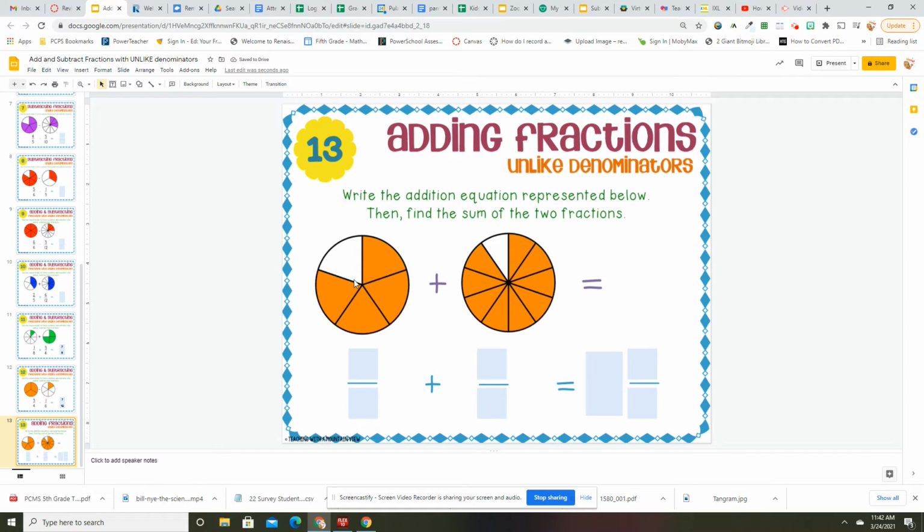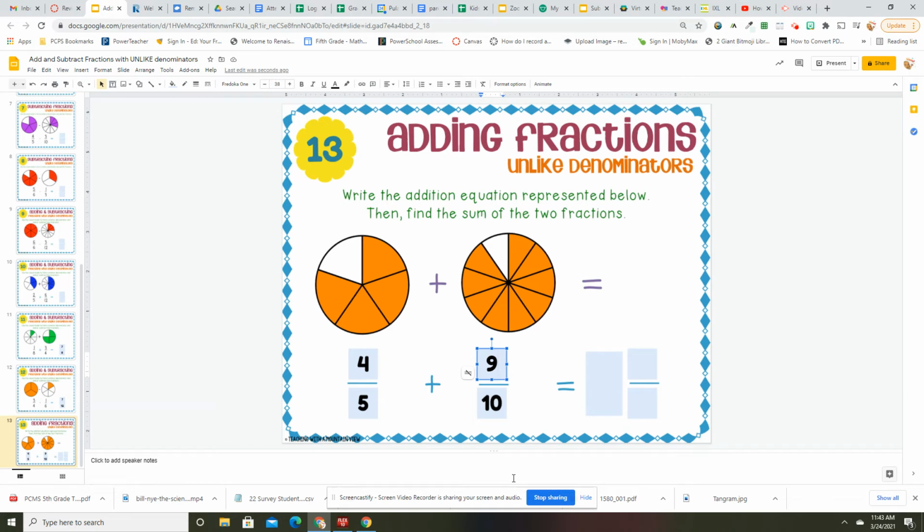Now, this one's a little different. I'm going to count up and create the fraction. So I've got 1, 2, 3, 4, 5. And then I've got 1, 2, 3, 4. So this fraction is 4/5. This one is 1, 2, 3, 4, 5, 6, 7, 8, 9, 10, and then it's 9. So I have, let me get a new paper.